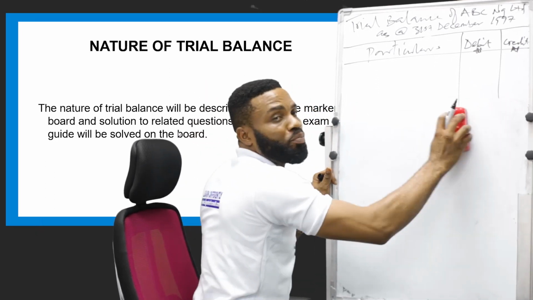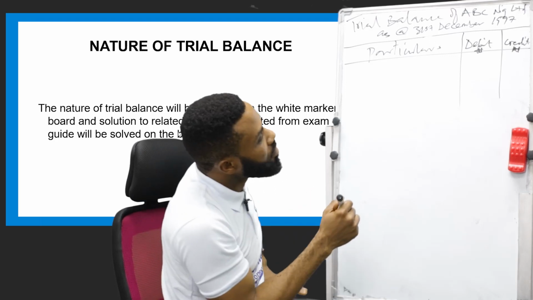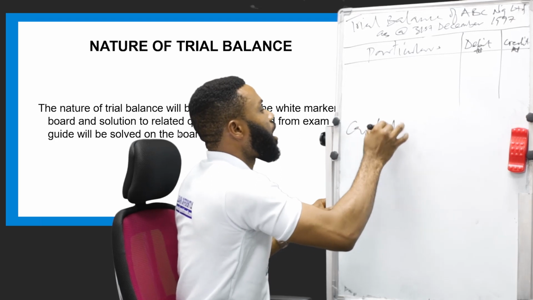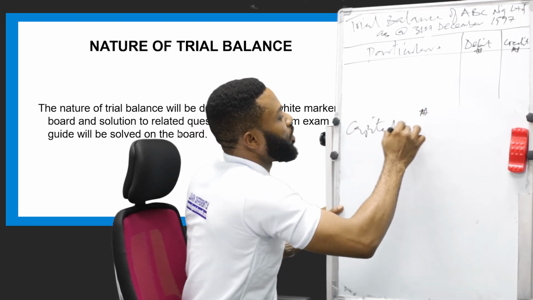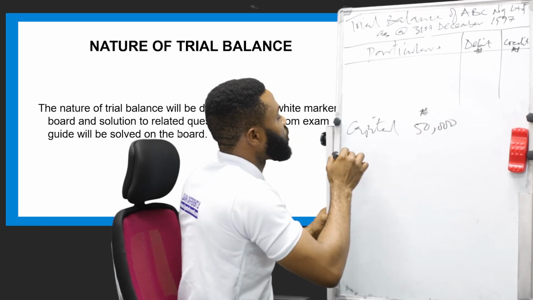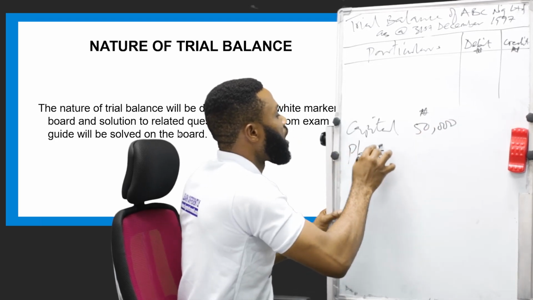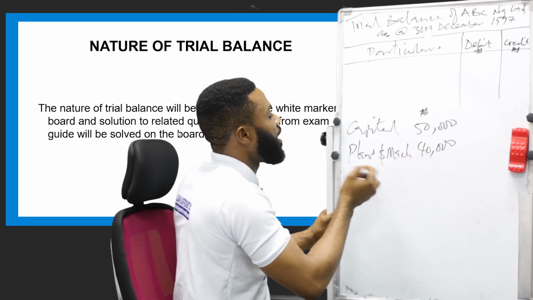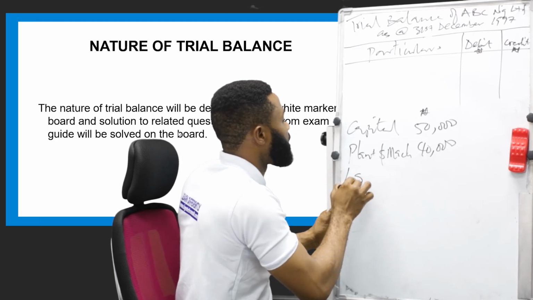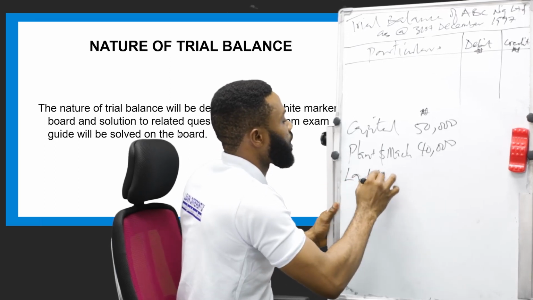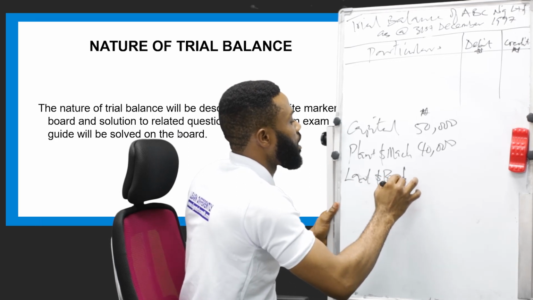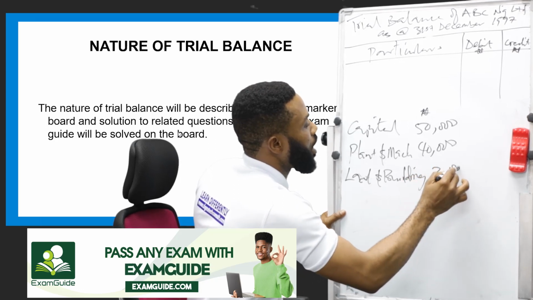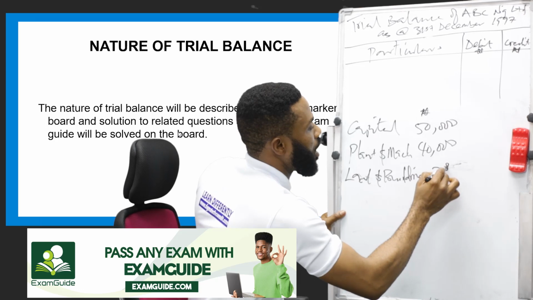So whenever you want to post a transaction into the trial balance, you ask yourself, let's assume we have capital. Let's assume capital is about 50,000, and then let's assume we have plant and machinery, 40,000, and then land and building, about 200,000.